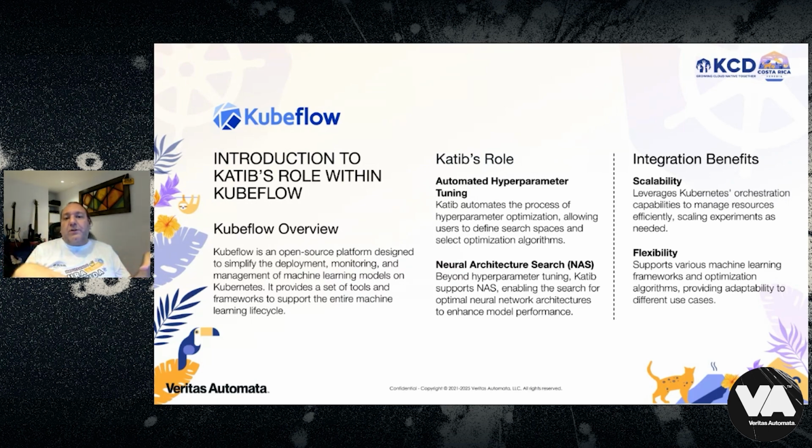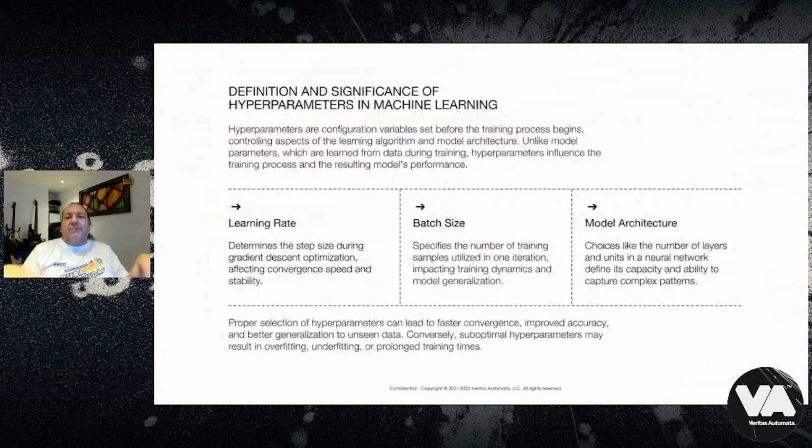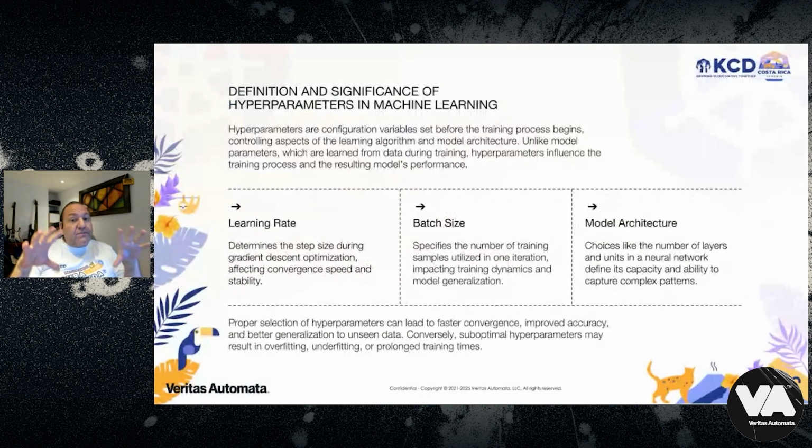The integration with Kubernetes is always ensured by scalability, so you can, on demand, assign more resources or reduce them if you are using a lot that are not really necessary for the process, and flexibility because it supports various machine learning frameworks, algorithms, and whatever is related to adapt your use case to something effective to work on this first step that is hyperparameters too.